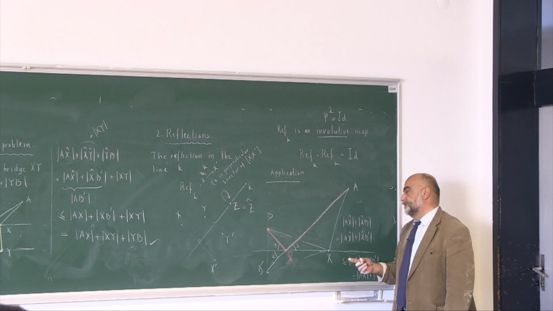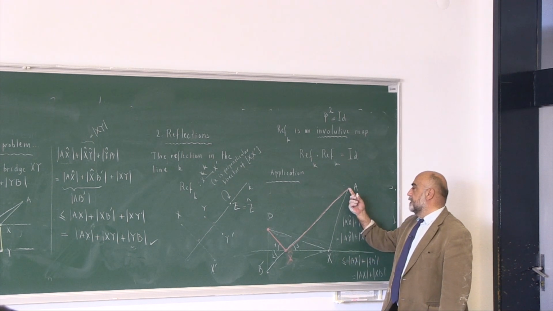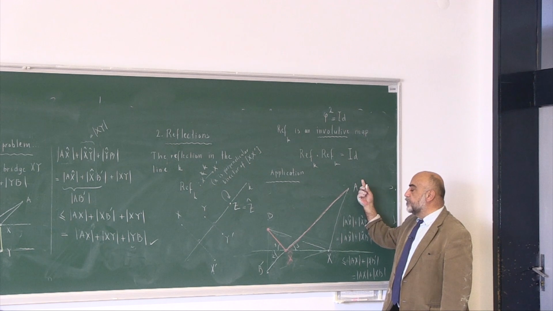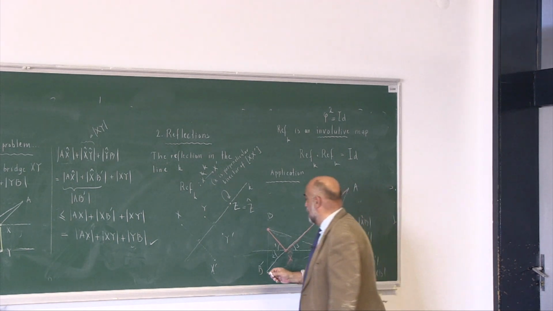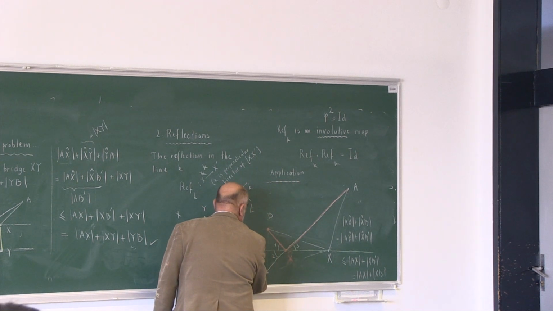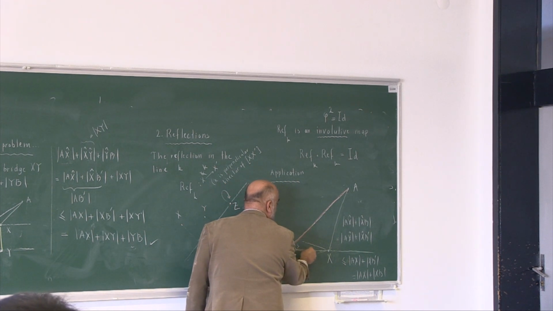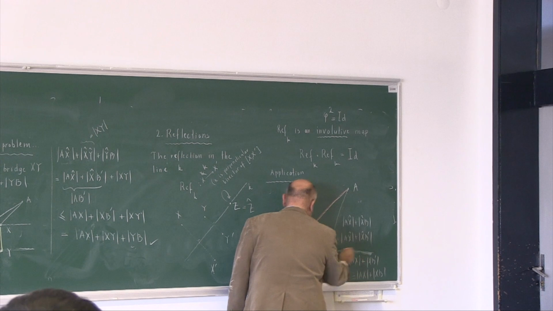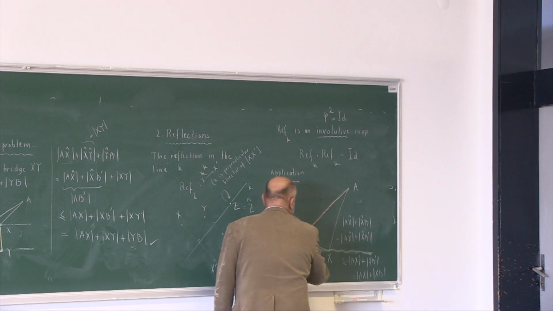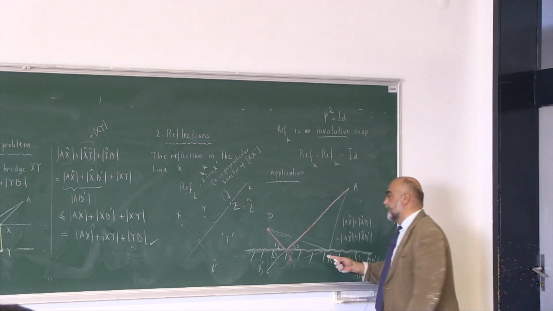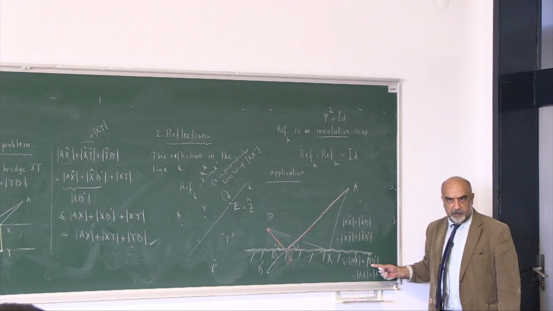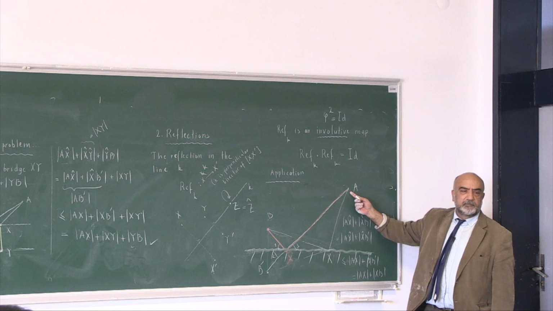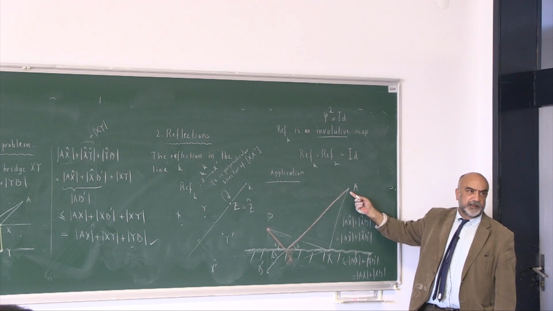So this is in fact the orbit that a light ray would follow if it were going from A to B, and if it were being reflected in a mirror. Now, that is something rather remarkable. So assume that this is a mirror. Let's assume that this is some light source.